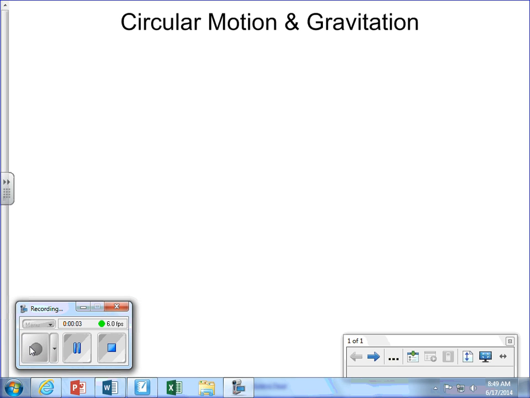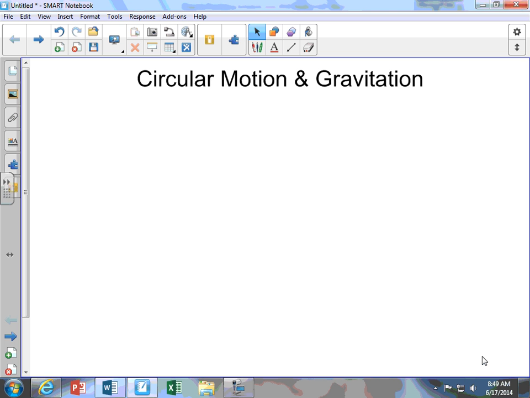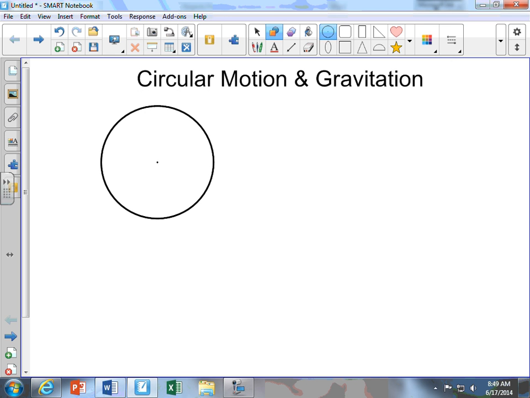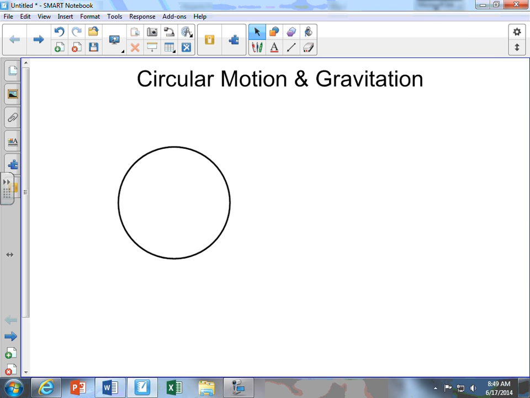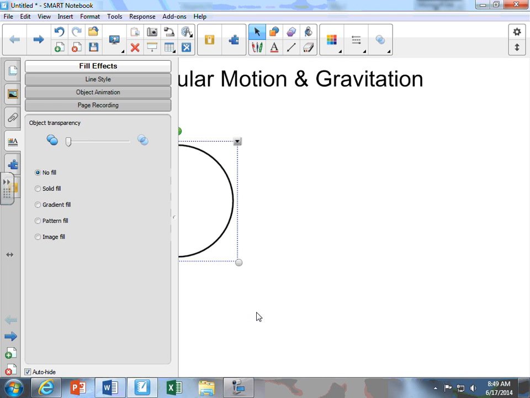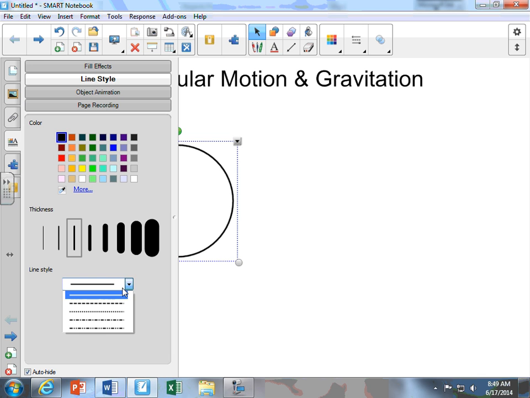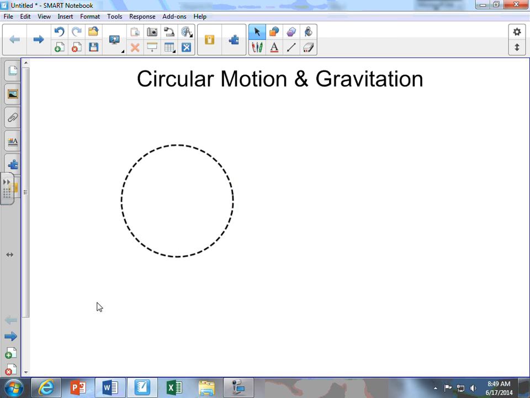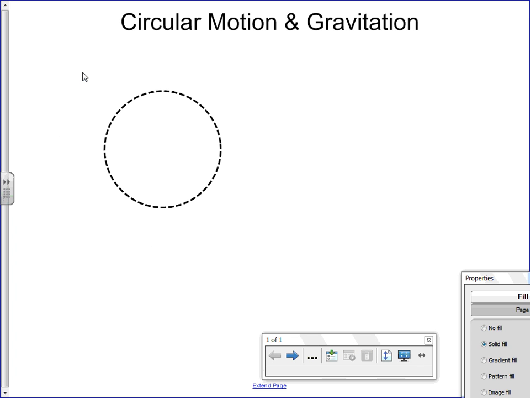Yo! Our look at circular motion and gravitation will be quick because here's an object moving in a circular path, and this circular path has a radius r, and let's say the thing is going around this way.